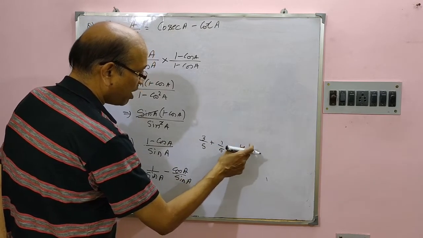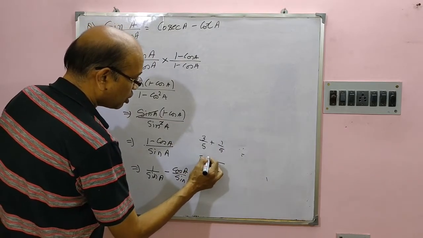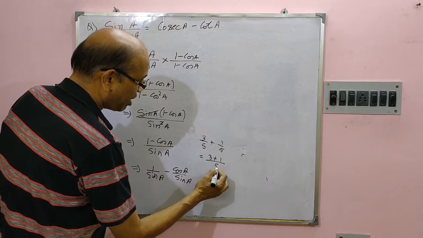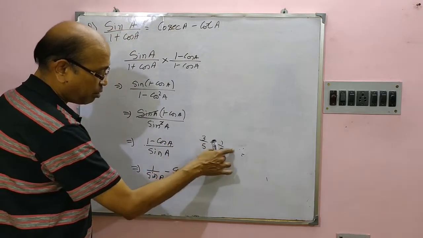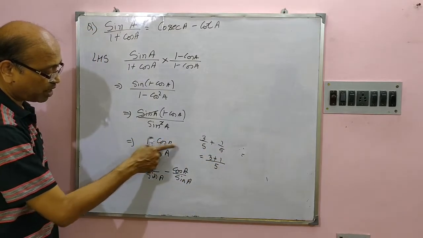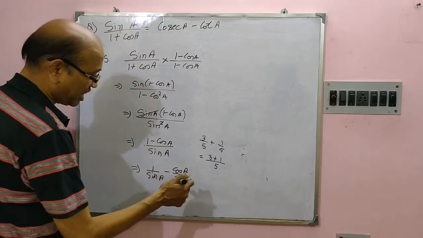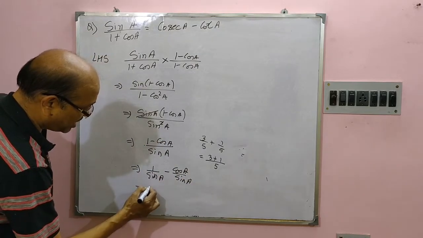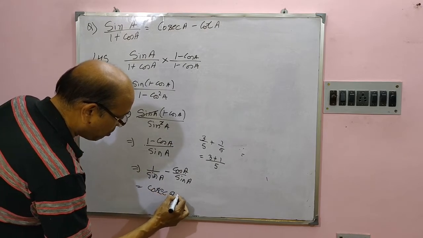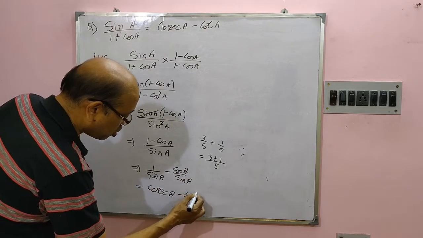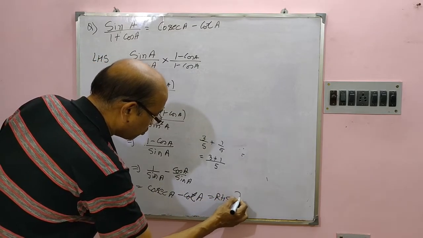So 4 by 5 can be written as 3 plus 1 by 5, and 3 plus 1 by 5 can be written as 3 by 5 plus 1 by 5. Similarly, 1 minus cos A by sin A can be written as 1 by sin A minus cos A by sin A. Therefore, 1 by sin A is cosecant A, minus cos A by sin A is cot A, which is equals to your right hand side. Proved.